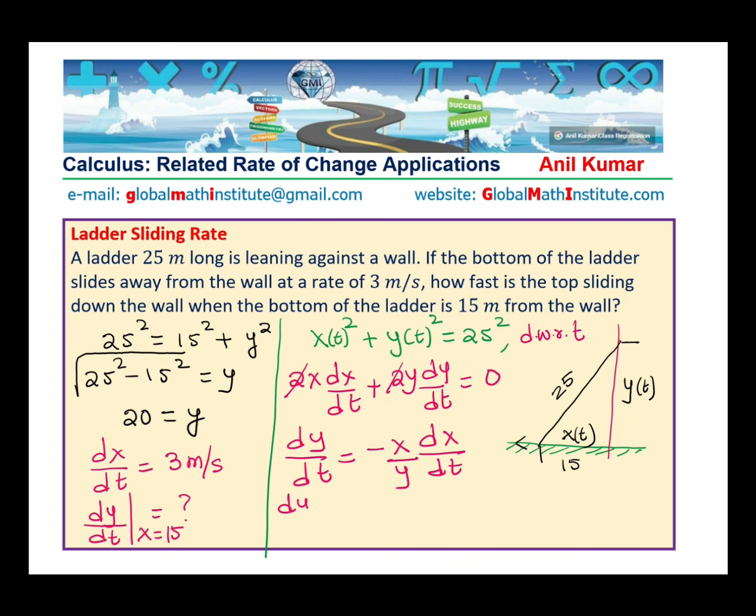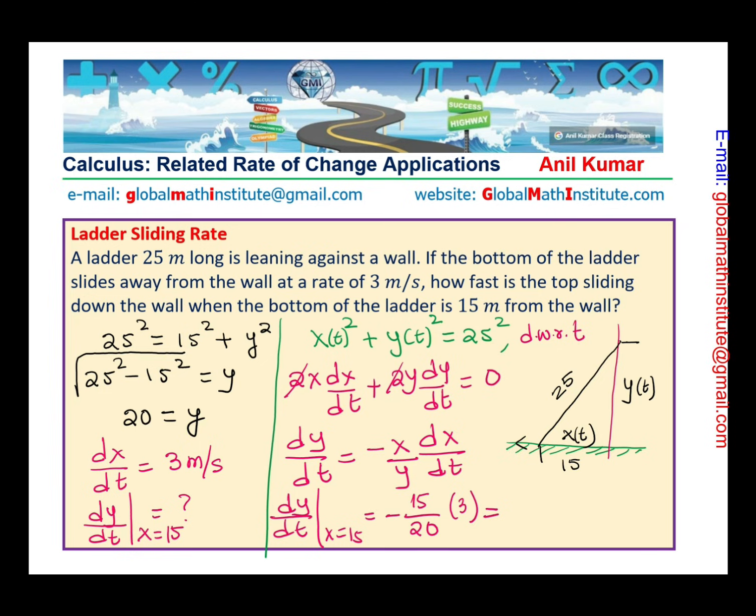So we can substitute the values for dy/dt when x is 15. At that time we get minus x, which is 15. The value of y we calculated initially as 20, and dx/dt as 3. So that gives you 15 over 20 times 3.